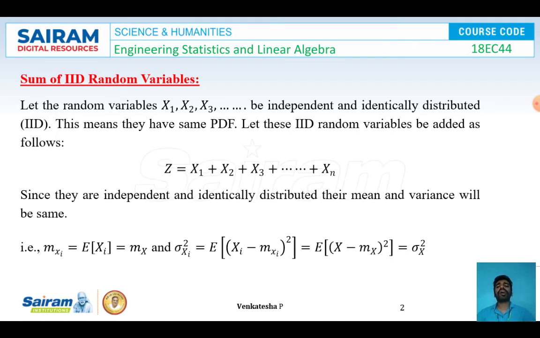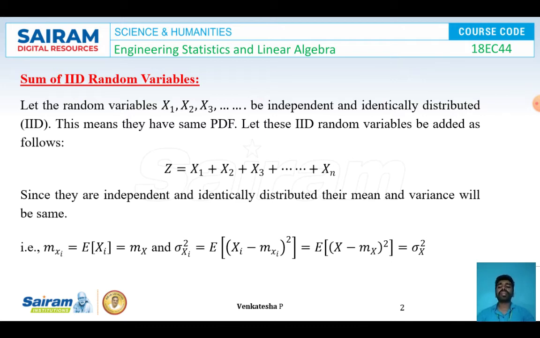What is the sum of IID random variables? Let the random variables x1, x2, x3, etc. be independent and identically distributed. That is IID random variables. Why do we call these random variables IID? Because all these random variables have the same PDF.